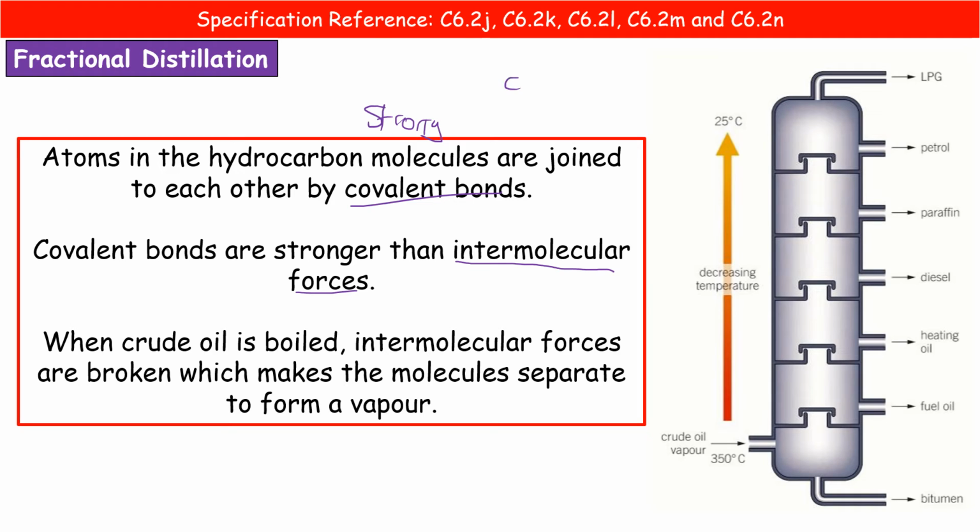So when we're thinking about it, if we've got our individual little hydrocarbons, then there are forces between those molecules. So each of these hydrocarbon molecules is going to have forces between them. That's the intermolecular force. They're weaker than these covalent bonds within the molecule. So as a result, when we heat it up, the intermolecular forces break, but the covalent bonds remain.